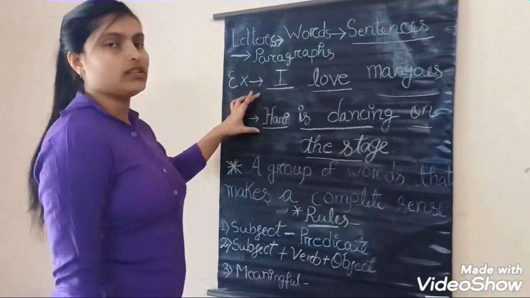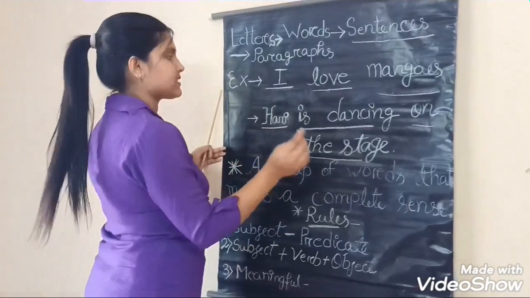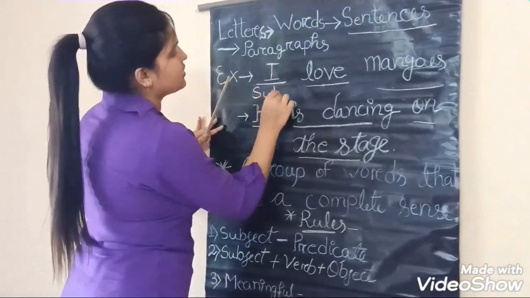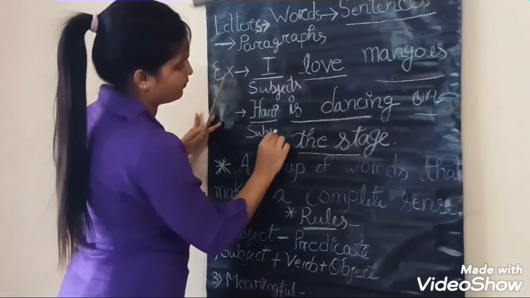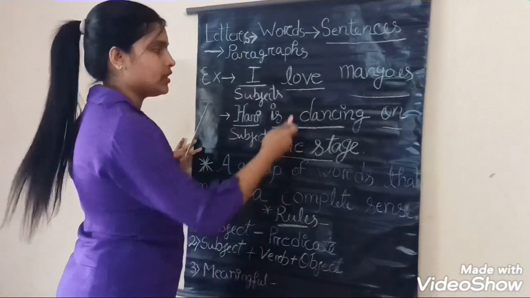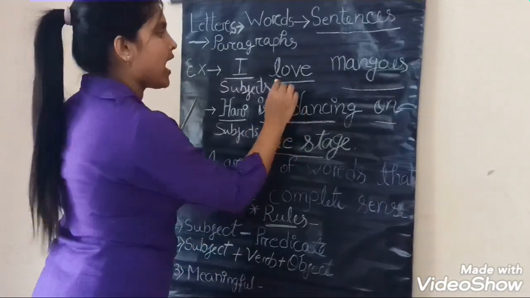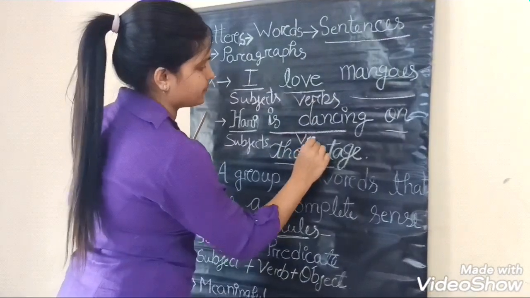So, here the first part in both the sentences itself is known as the subject. And the second parts, love and is dancing, are the verbs.